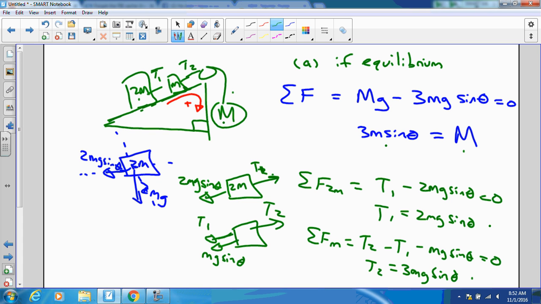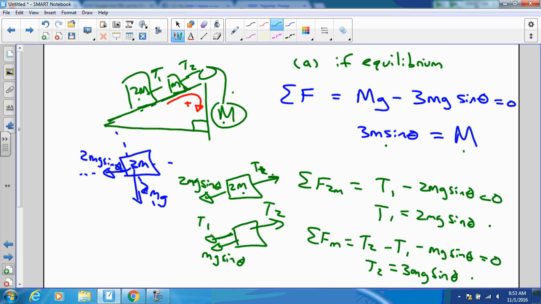What if T1 minus T1 equals something? Oh, equals 0? Yeah. Why? Because in parts A and B, the system is in equilibrium.